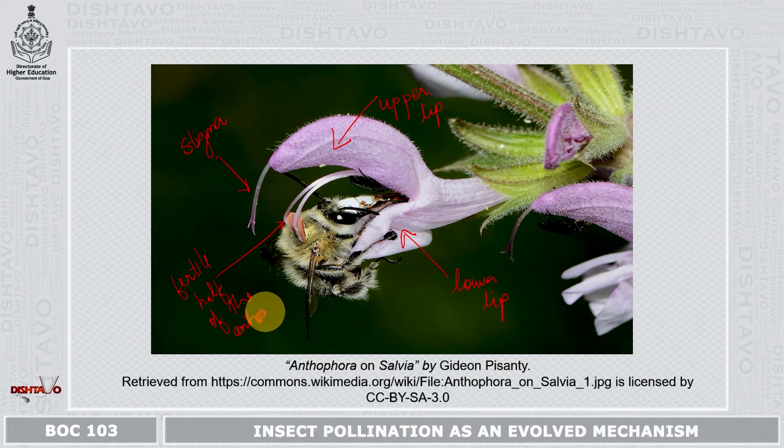Now the sterile plate is just above the lower lip, and it is pushed as the bee tries to enter into the flower to extract nectar.